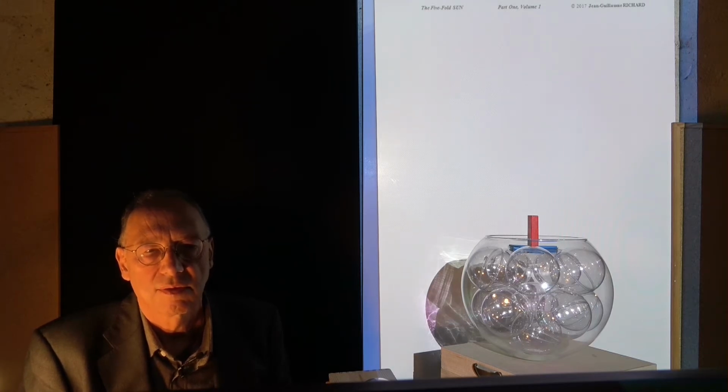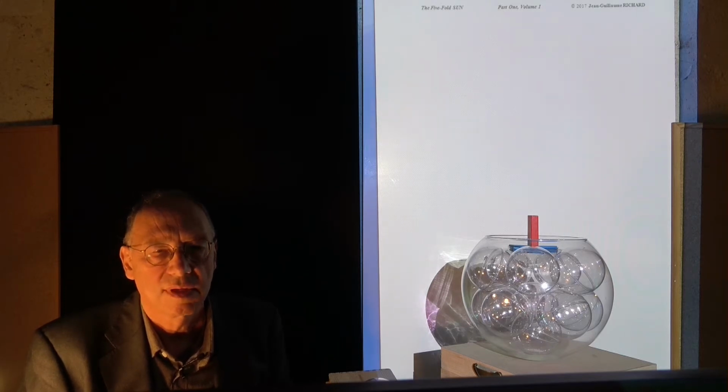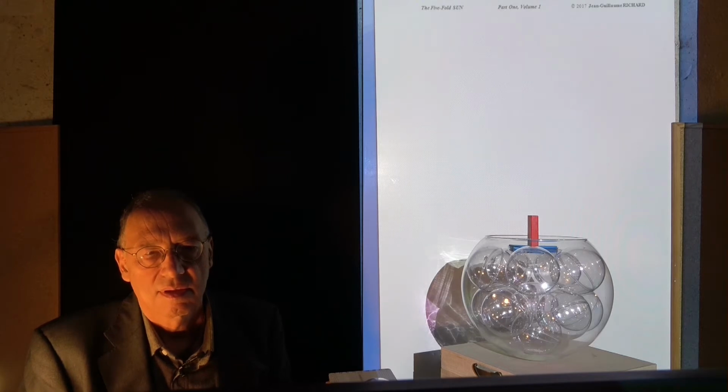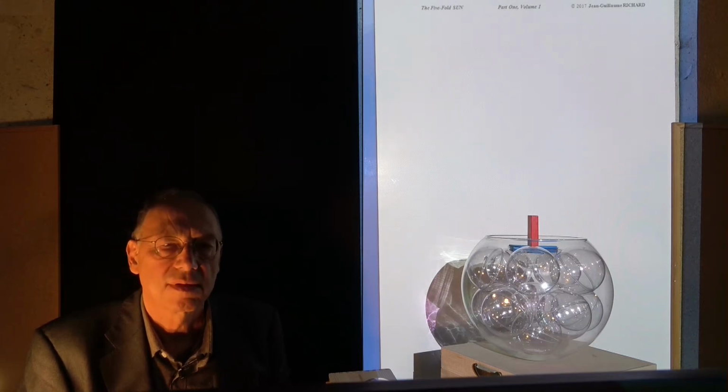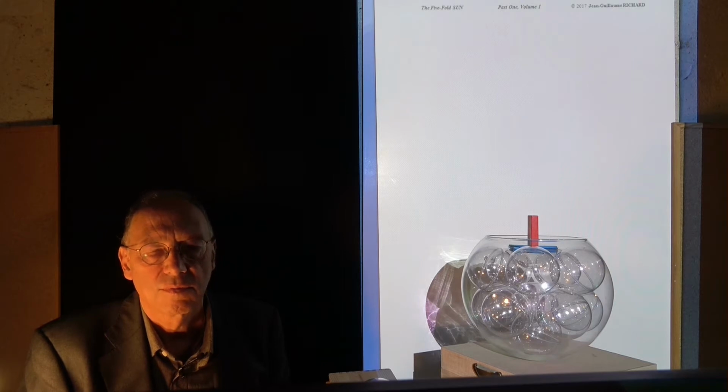This is what is called here in the Fivefold Sun the solid body vertex of the Sun, each of these 12 vertices, and as a set of 12 vertices it amounts to what we call the basic icosahedron.